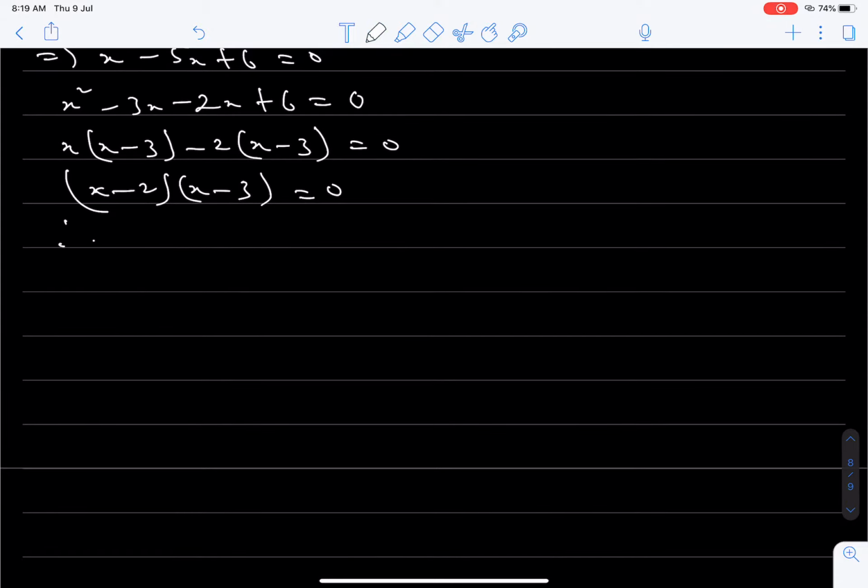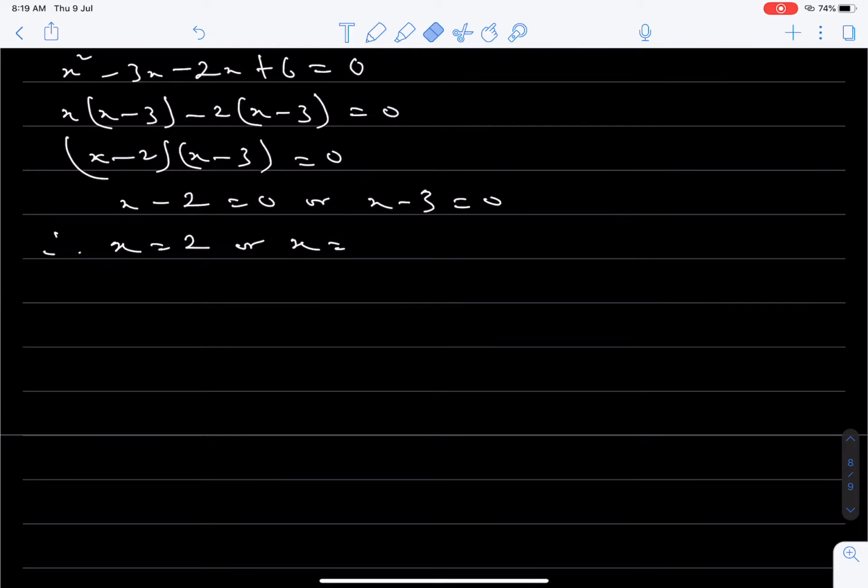And therefore, x equals, of course, you know how that's done. That simply means x minus 2 equals 0, or x minus 3 equals 0, which therefore means x equals 2 or x equals 3.